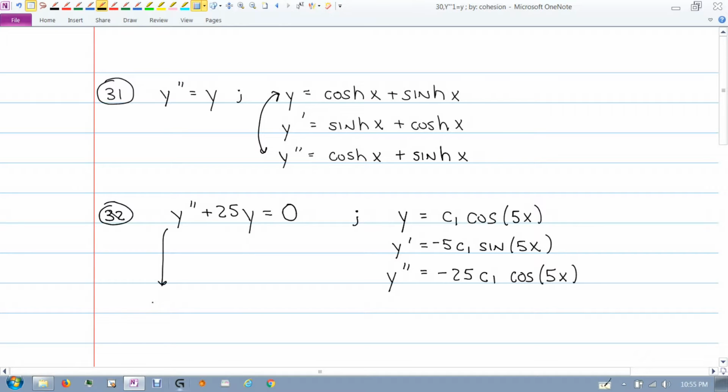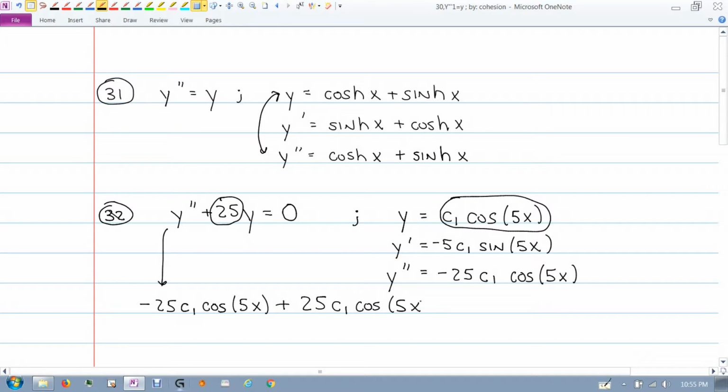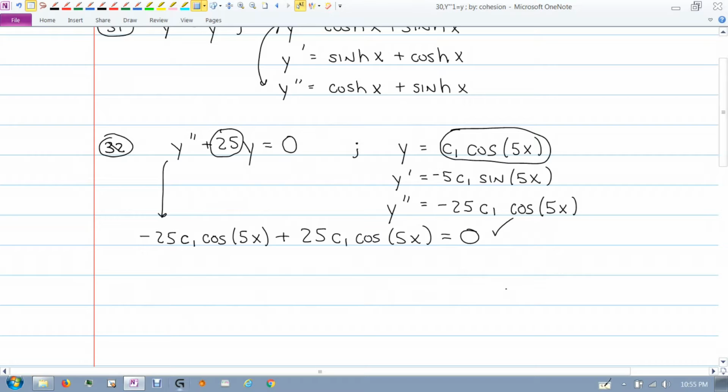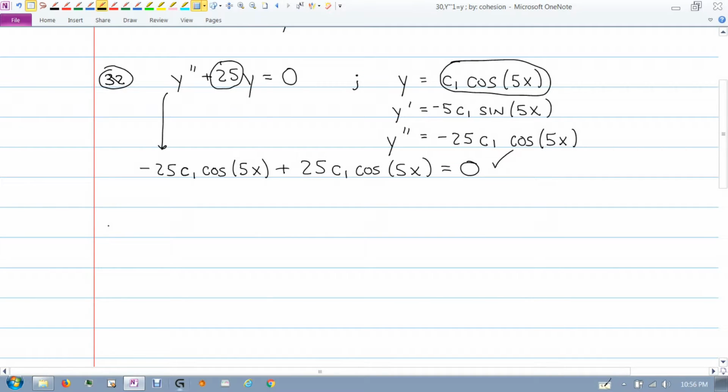If we plug in, we get negative 25 c1 cosine of 5x, then plus 25 times this is going to be 25 c1 cosine of 5x. Those are the same quantities, they're just opposite in sign, so yes indeed those will cancel out and you will get 0. Alright, that's smooth sailing here.